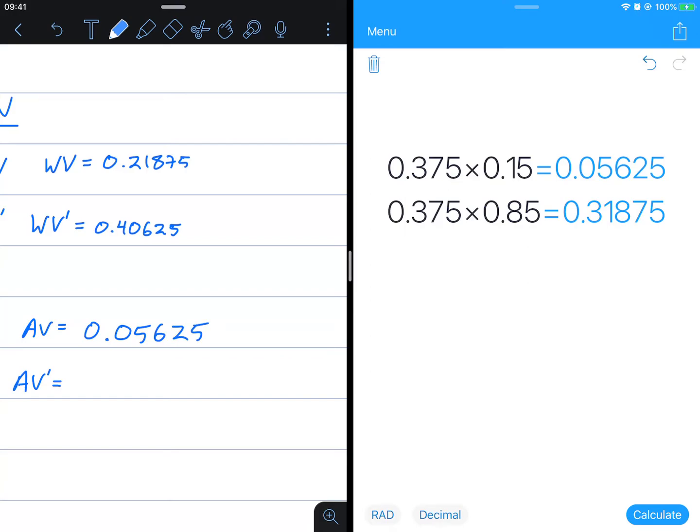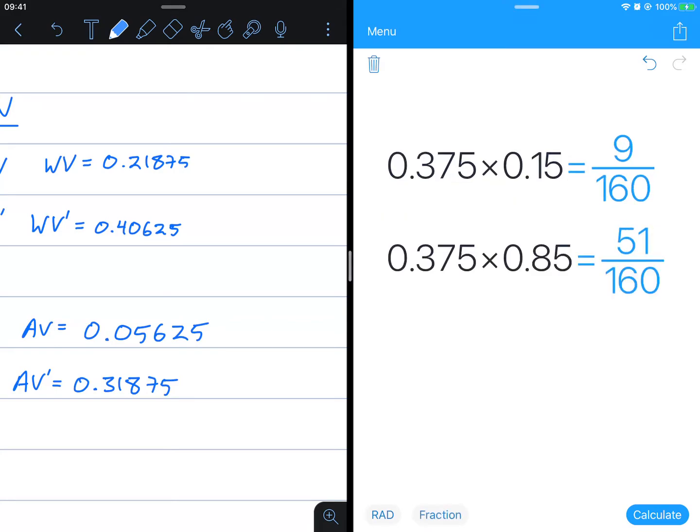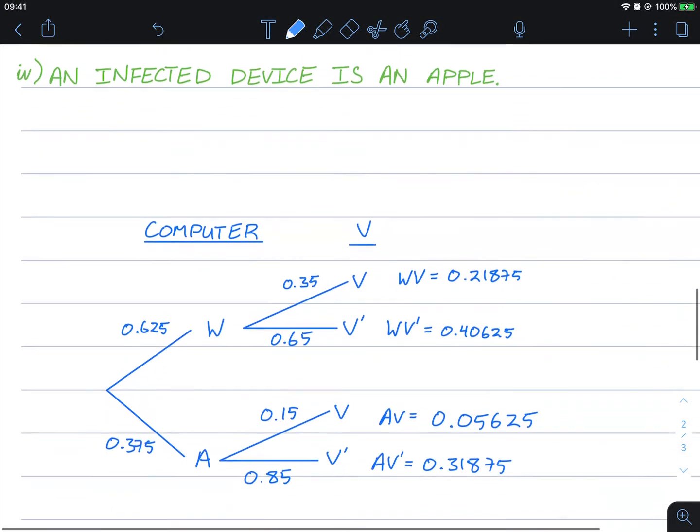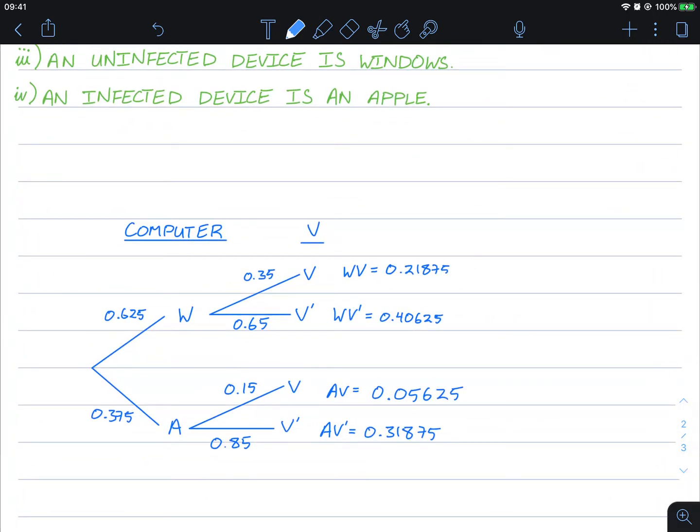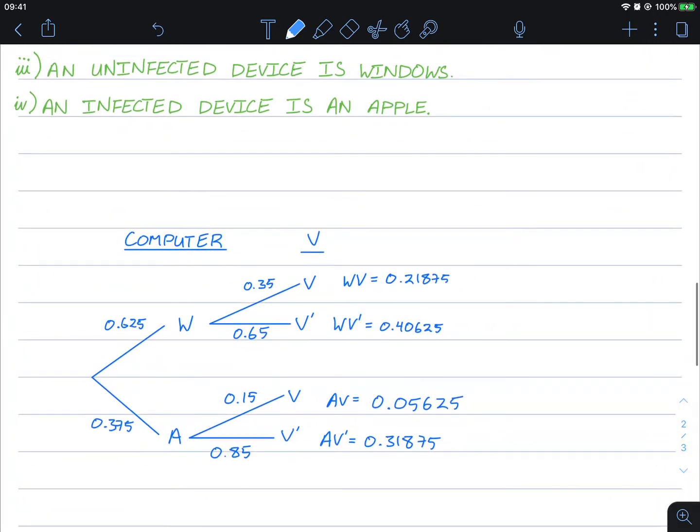That gives 0.05625 and 0.31875. Come to think of it, I probably could have used fractions and it would have been the same. But I've stuck to decimals for this one. You could have made everything into fractions and this will still work out the same.